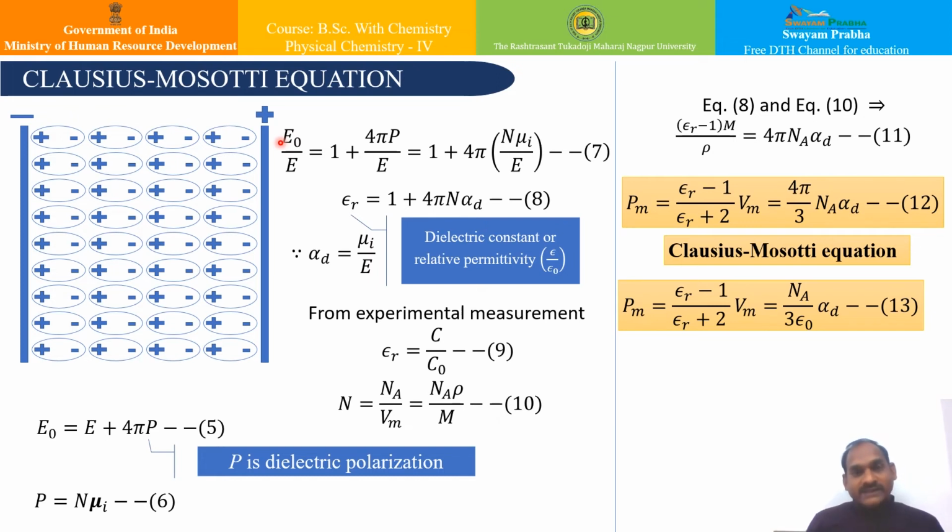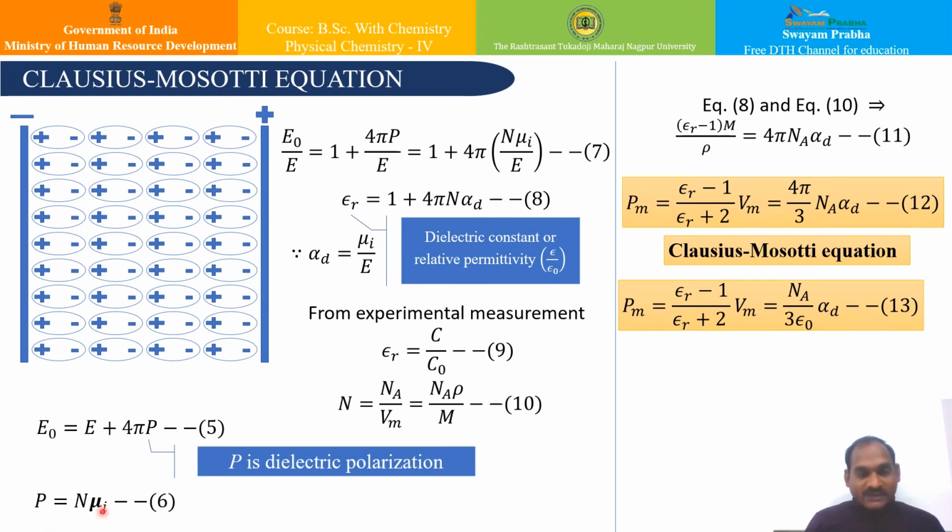These two quantities are related to each other by this relation: E0 is equal to E plus 4 pi P. Now this P is the dielectric polarization, which is the induced dipole moment per unit volume of the dielectric, given by this expression. You can see over here.